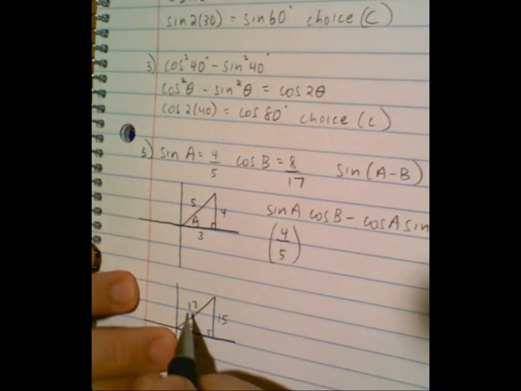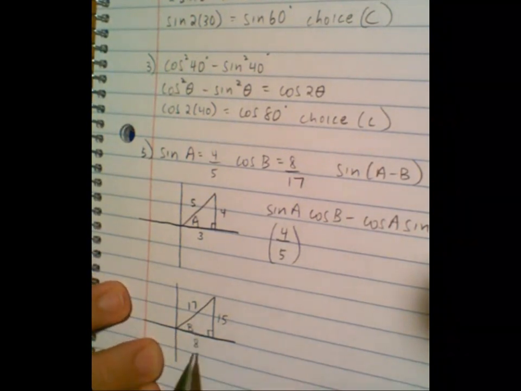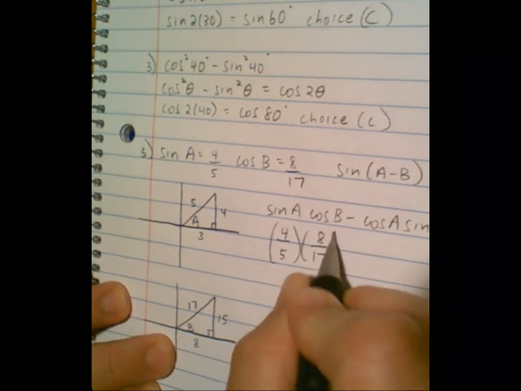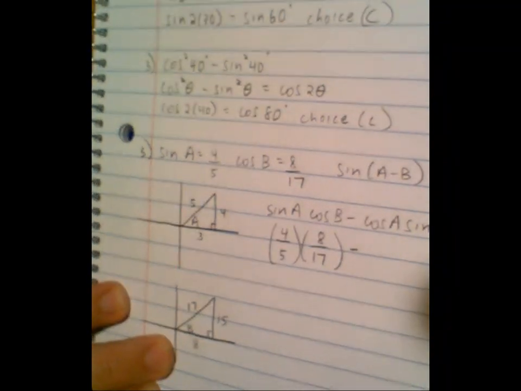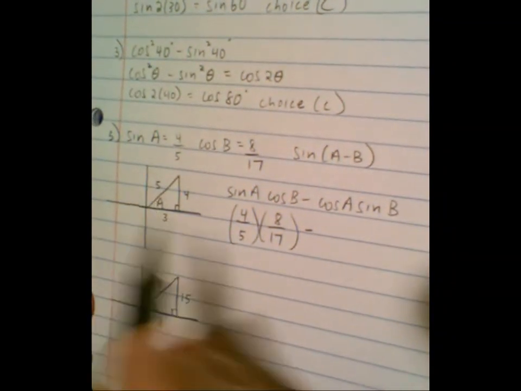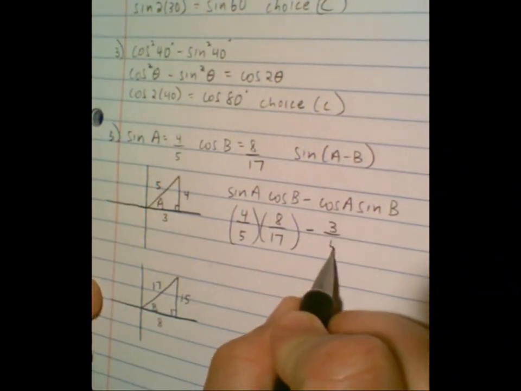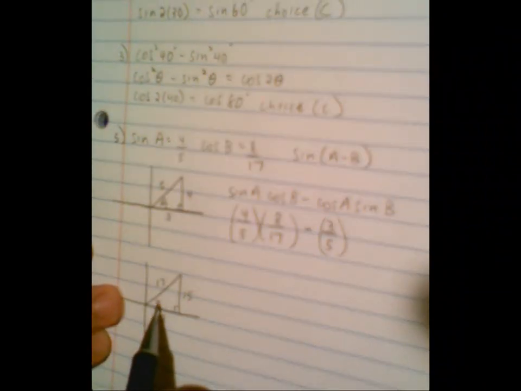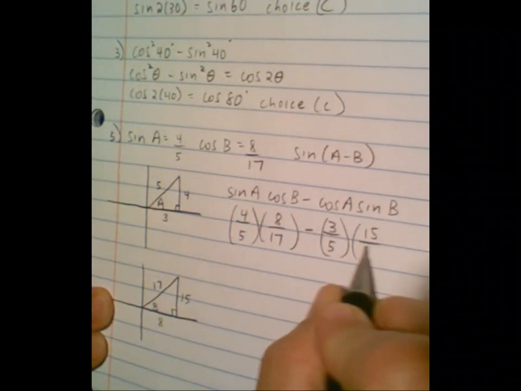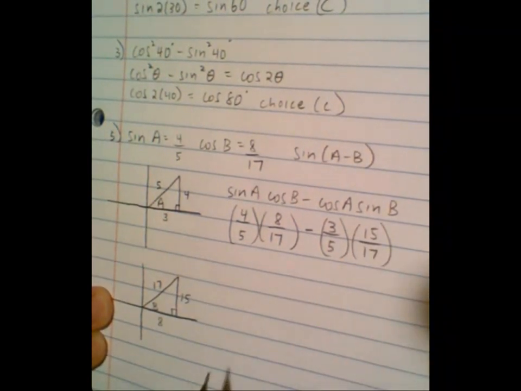Cosine of B, adjacent over hypotenuse, is 8 over 17, minus the cosine of A. The cosine of A, adjacent over hypotenuse, is 3 over 5. And the sine of B, SOHCAHTOA, opposite over hypotenuse, is 15 over 17.